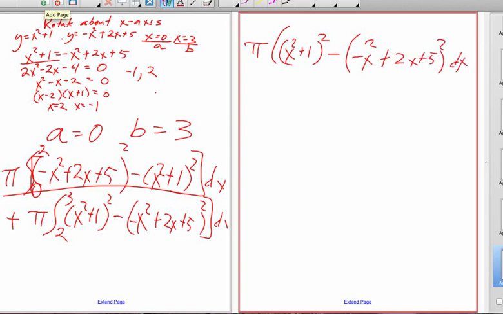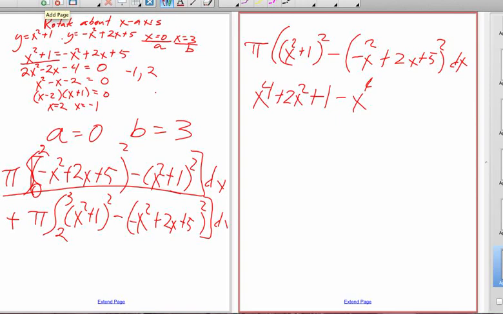And I plug everything in. I've already done these, so I'm going to have x to the 4th plus 2x squared plus 1 minus, I got an x to the 4th. And I already expanded these out, which is why I told you to write them down to begin with, and that's always a really good idea.